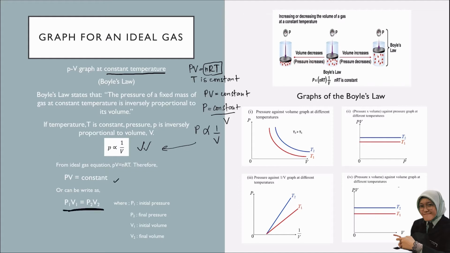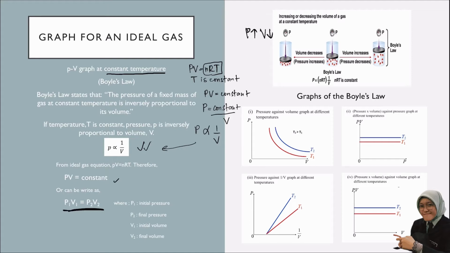So how we want to know that is Boyle's law? So from this graph, we know that if the pressure is increased, so the volume will decrease. Macam ni, bila kita tambah pressure, kita tolak dengan pressure, so the volume akan berkurang.